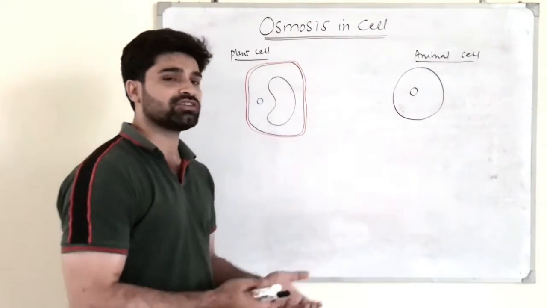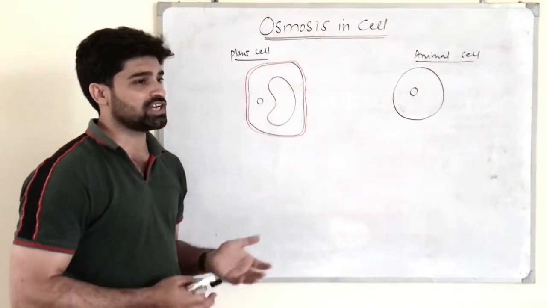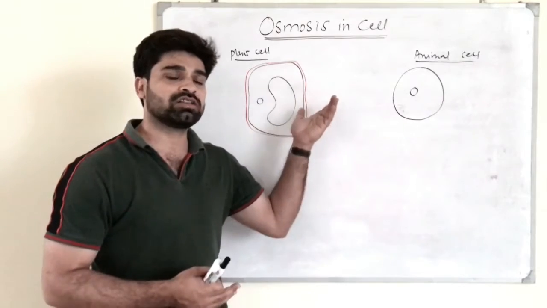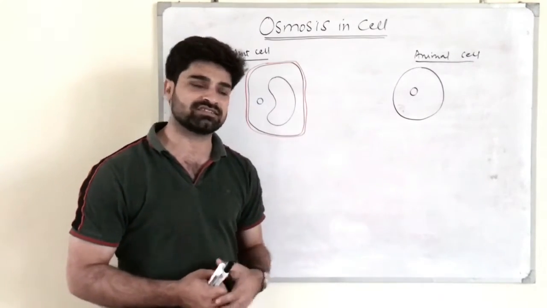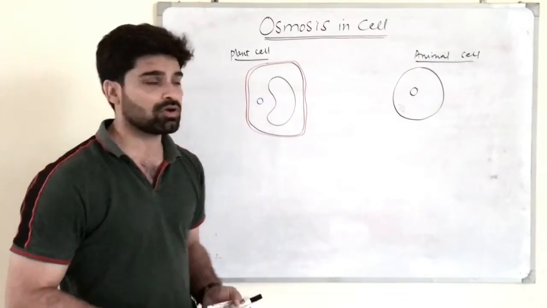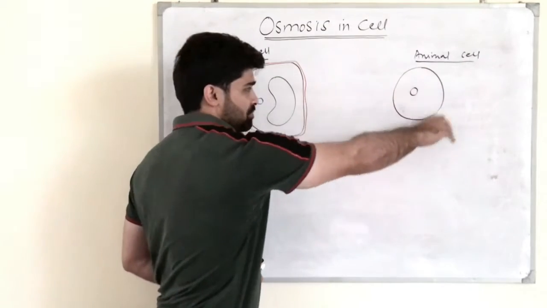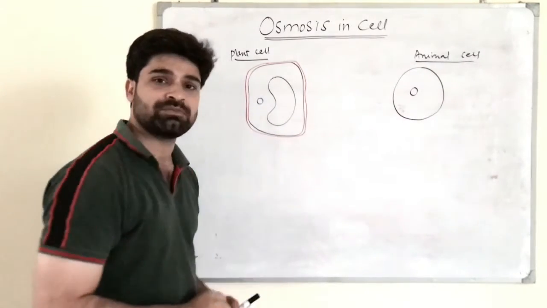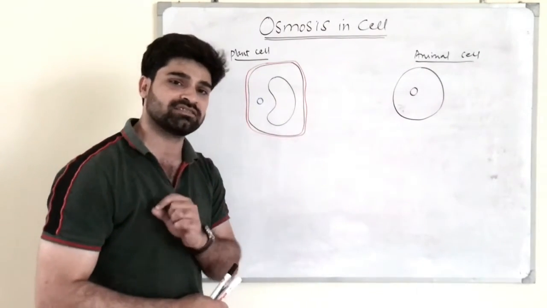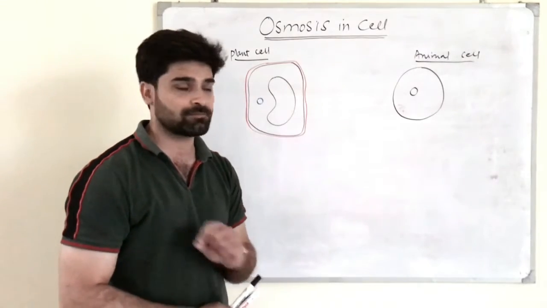So it is really important to understand how the phenomenon of osmosis occurs in the cells, because the cell membrane acts as a partially permeable membrane.